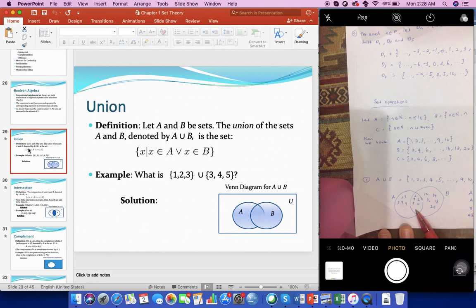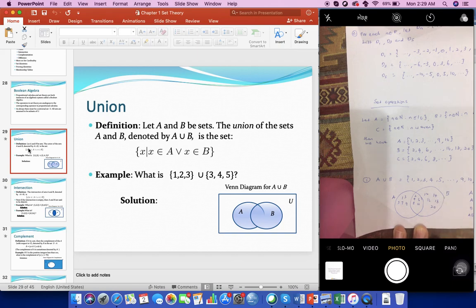Then 12. Because set A's last number is 10, only 10 is here. But B has 10, 12, 14, 16 until 20, so 12 is only in B, so put it here: 12, 14, 16, 18 until 20.